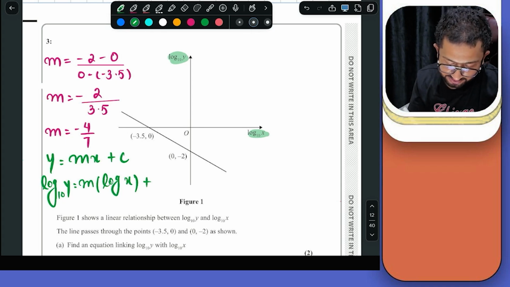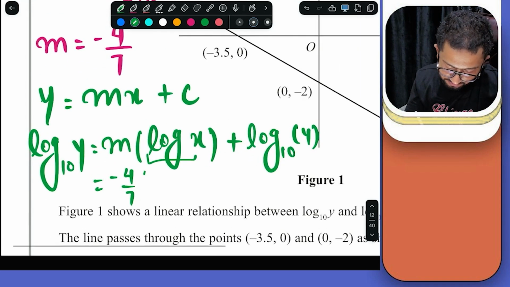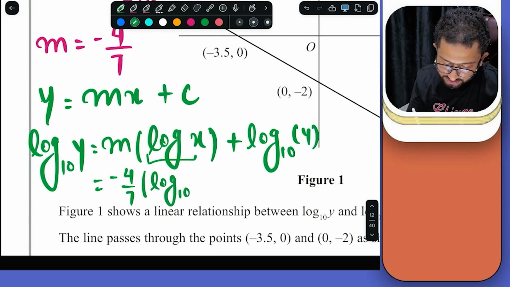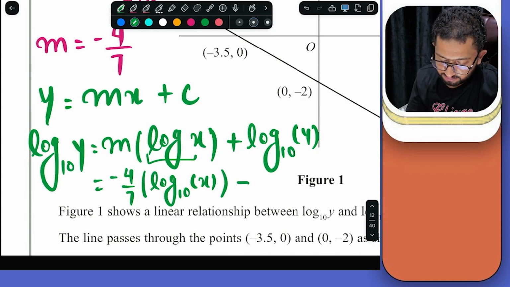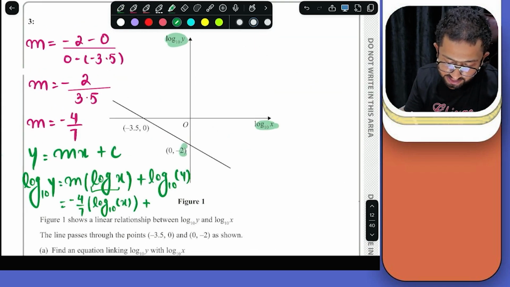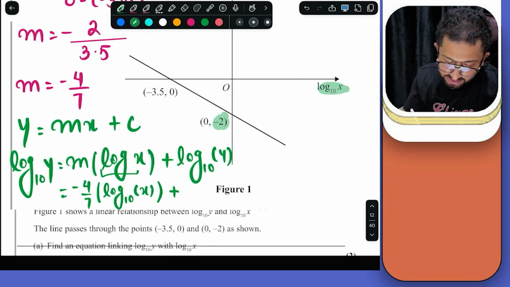C is the y-intercept, meaning the y-axis quantity. So the gradient is minus 4 over 7. The x-axis quantity will remain the same, log with base 10, plus what is the y-intercept of this line? Minus 2. This is the complete y-intercept.